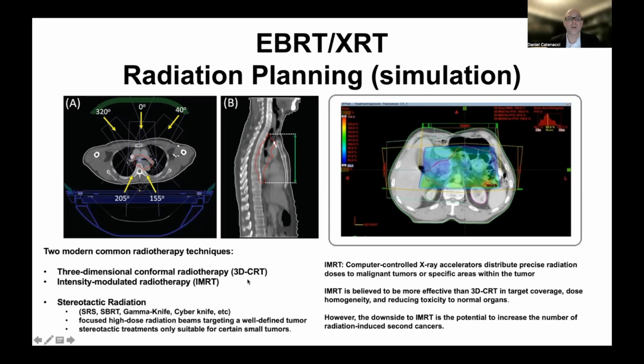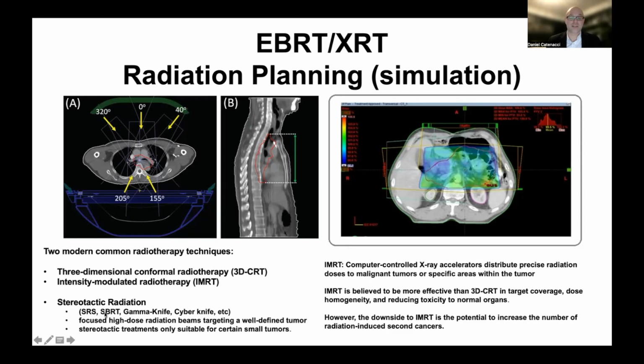There is one other form of radiation therapy that you will probably have heard of, and that's stereotactic radiation, which is also referred to as stereotactic radiosurgery, or SRS, which is really describing therapy that's done to the brain or spinal cord in the neuro-oncology setting, or SBRT, stereotactic body radiotherapy, which is to the rest of the body.